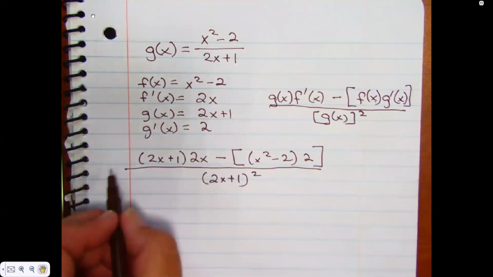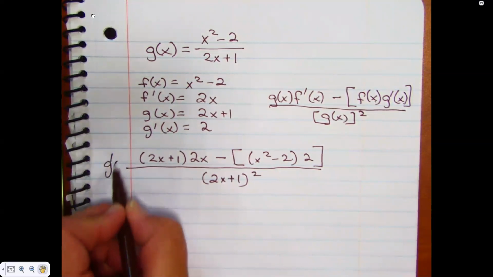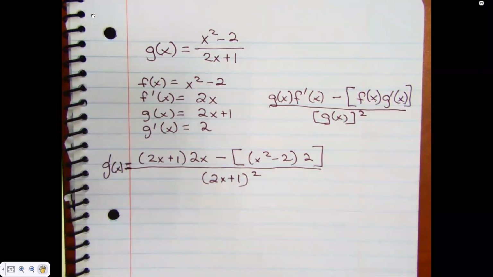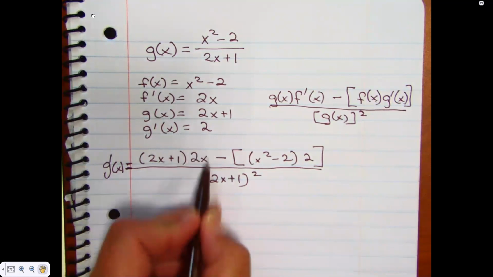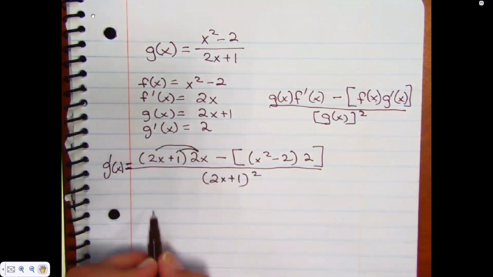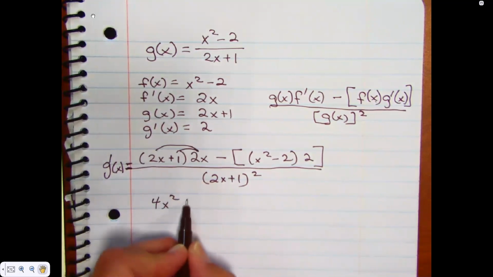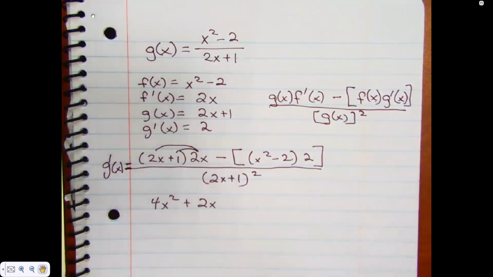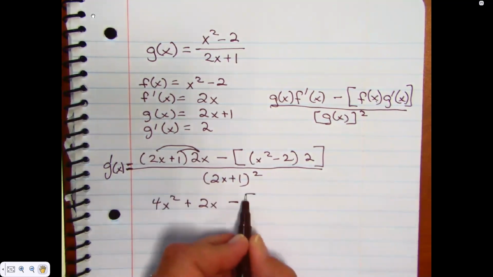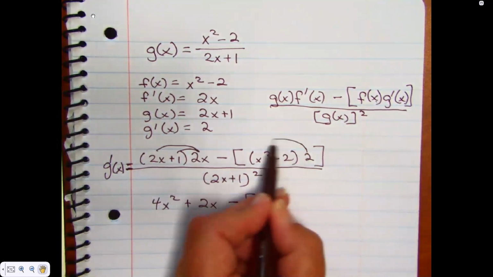And I can mark this as the derivative if I want. Okay, now it's just a matter of cleaning up. Now, no foiling, which is actually kind of nice. We just have one factor over here, so we're just going to distribute 4x squared plus 2x minus, and then the bracket, we just have to distribute that 2.